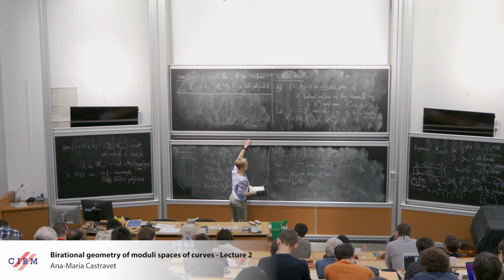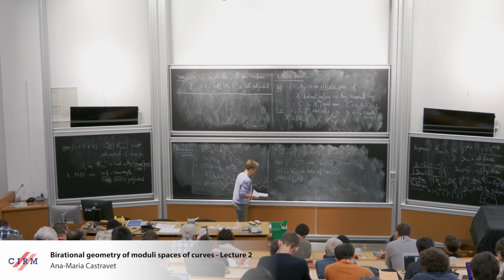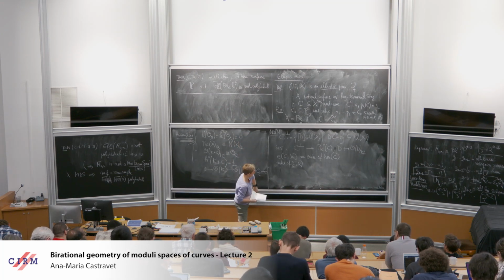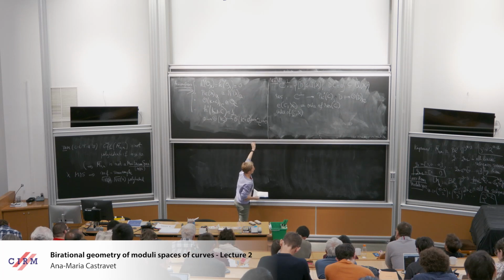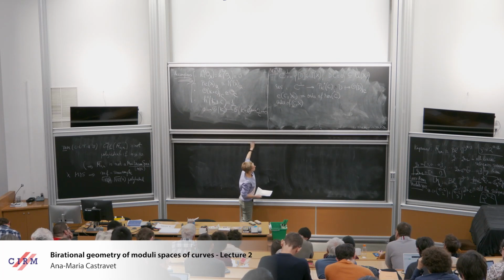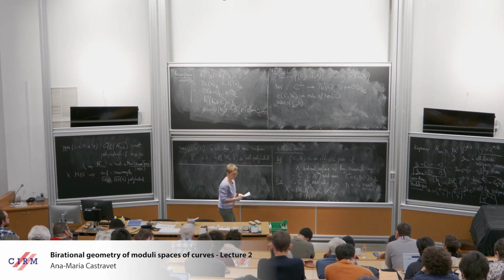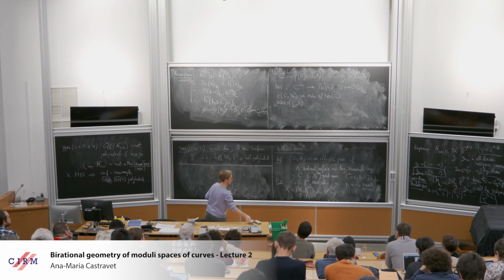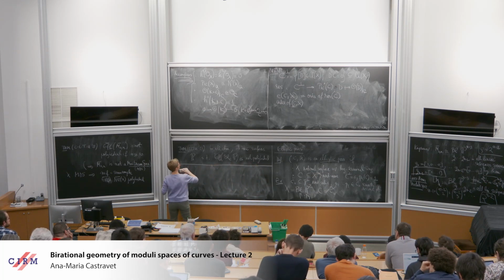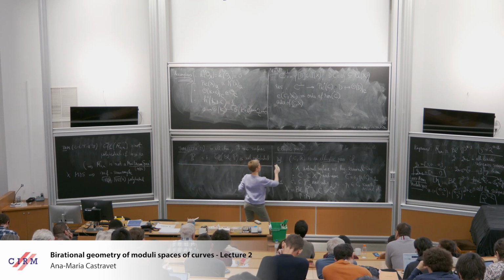So then, I'm saying there are two possibilities now. Either this order is finite, or it's not. And in the infinite case, assuming the Picard number of the surface is at least 3, this will be enough to guarantee that the effective cone is not polyhedral.